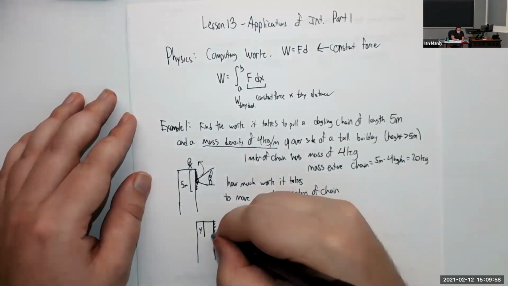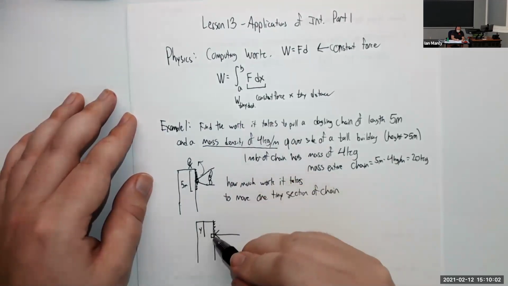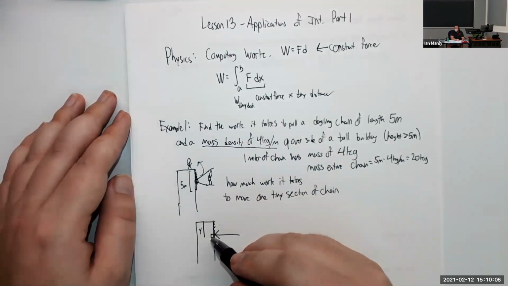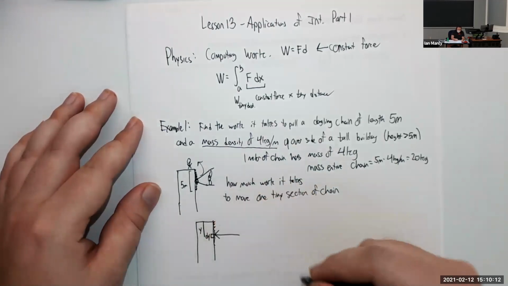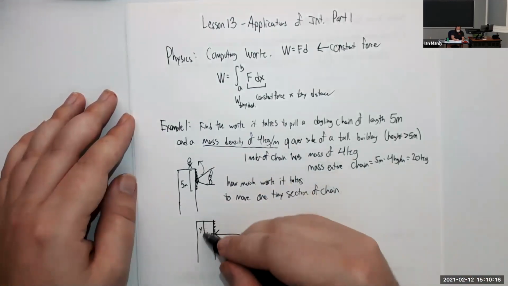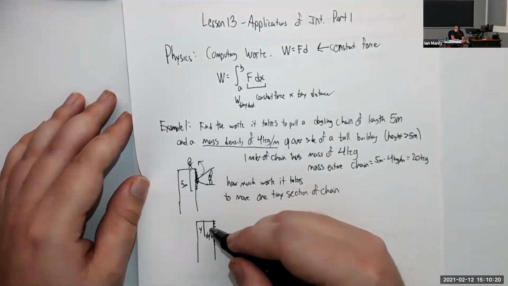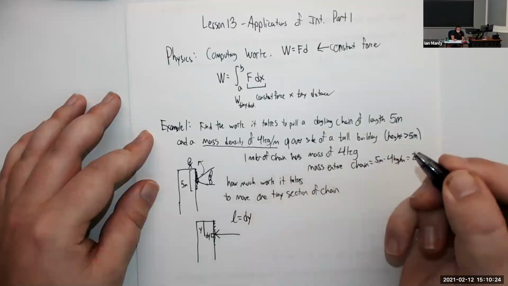And if I want to have a very, very short piece of chain right here, what do you think I'm going to call the length of that? dy, right? Anytime we have something tiny in a particular direction, like in the y direction right here, we're going to call it d, whatever the variable is. So the length of this chain is going to be dy.